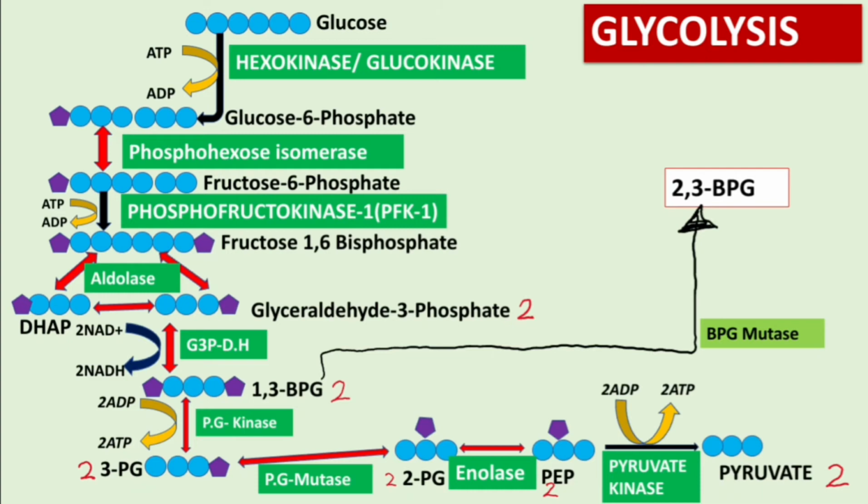So this one is very important. It stabilizes the hemoglobin, in the form of hemoglobin that has low affinity for oxygen, and it's also known as the Bohr effect. So we'll talk about it later.